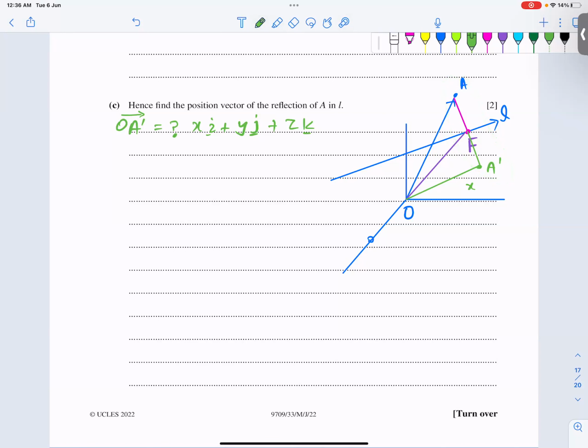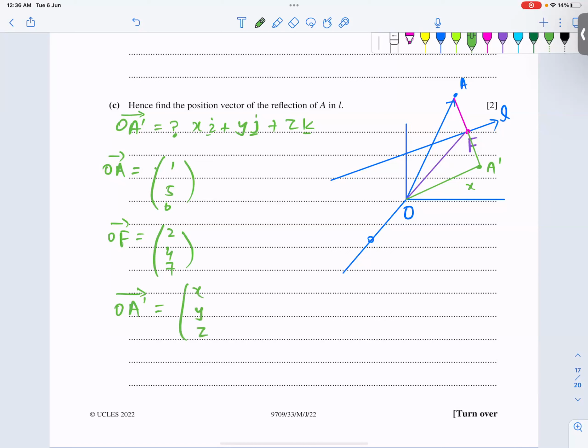And out of 3 points, 2 points are given. How? Because OA is equal to 1, 5, 6, and OF from the previous question was 2, 4, and 7. Now OA prime, that is actually my question, which will be x, y, z.